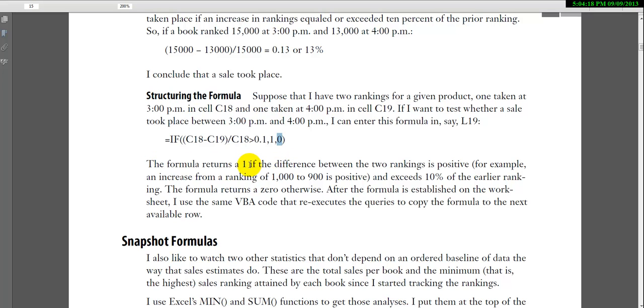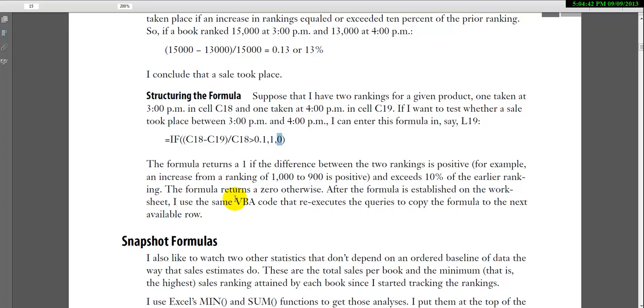Okay, so he says the formula returns a 1 if the difference between the two rankings is positive and exceeds 10% of the earlier ranking. The formula returns a 0 otherwise. After the formula is established on the worksheet, I use the same VBA code that re-executes the query to copy the formula to the next available row.